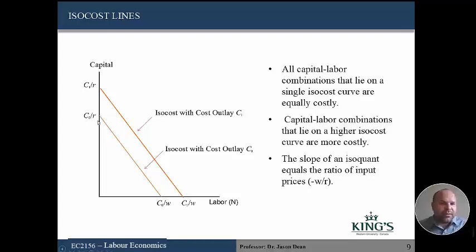So if we were to just use capital, we would take the total cost and then divide it by the price, and that'll tell us how much capital we can buy for this total cost of C0. And then similarly, we would get this point here by taking the total cost and then dividing it by the wage of labor. That would give us this point, and then we can just draw a straight line. Okay, so these are the corner points, and anything in between shows that same cost, but using a combination of capital and labor.